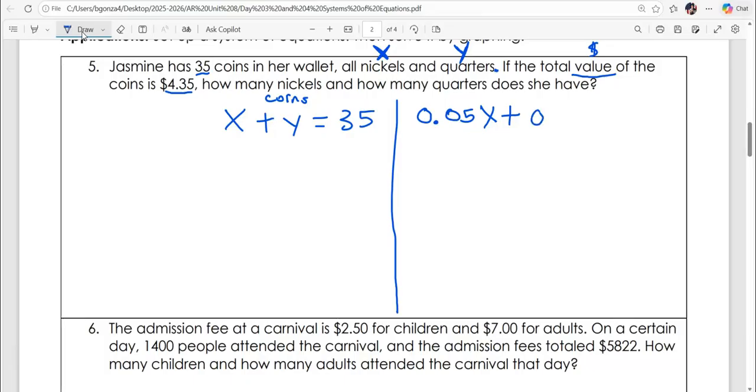So you're going to put 0.25 Y. Okay, so do you see how you still have X and Y, but you're putting the value in front of it? 0.05 X plus 0.25 Y equals, and what was the total value we had? $4.35. Okay. Now, can you solve both of these?